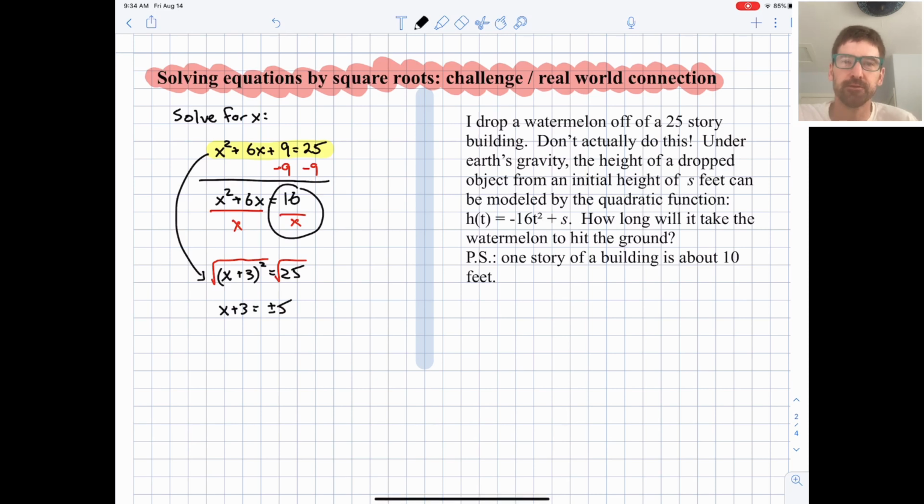Okay, so now we have two different pathways that we can follow, but the key thing is we did some factoring. We noticed that we had a perfect square to begin with. So one option is x plus 3 is 5, and the other option is x plus 3 is negative 5. So we can subtract 3 from both sides.